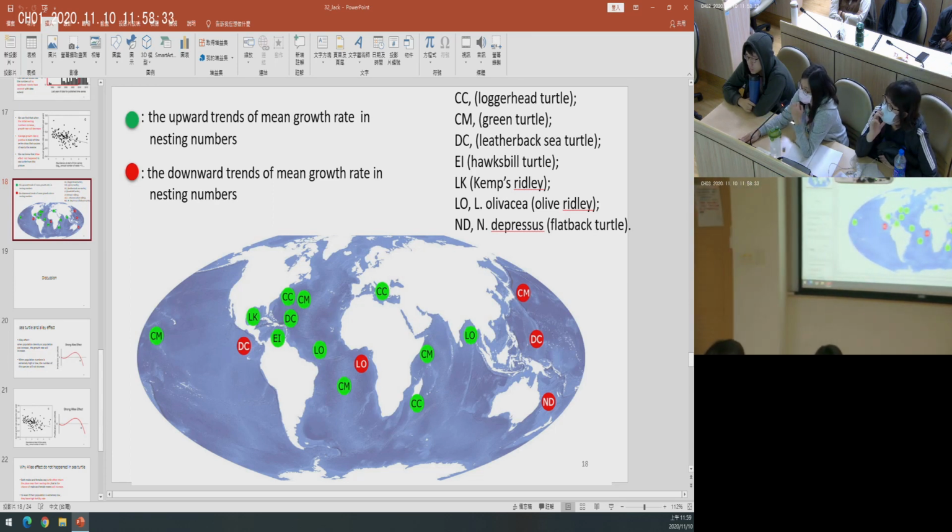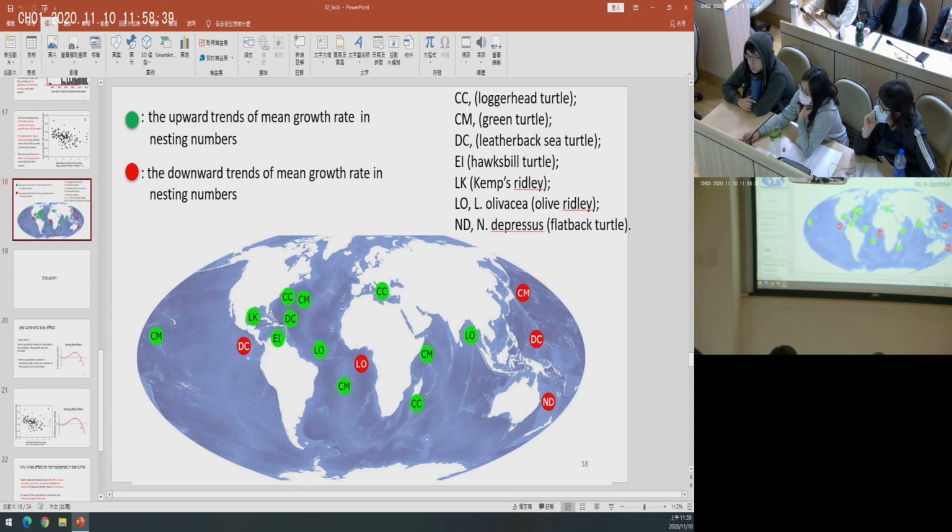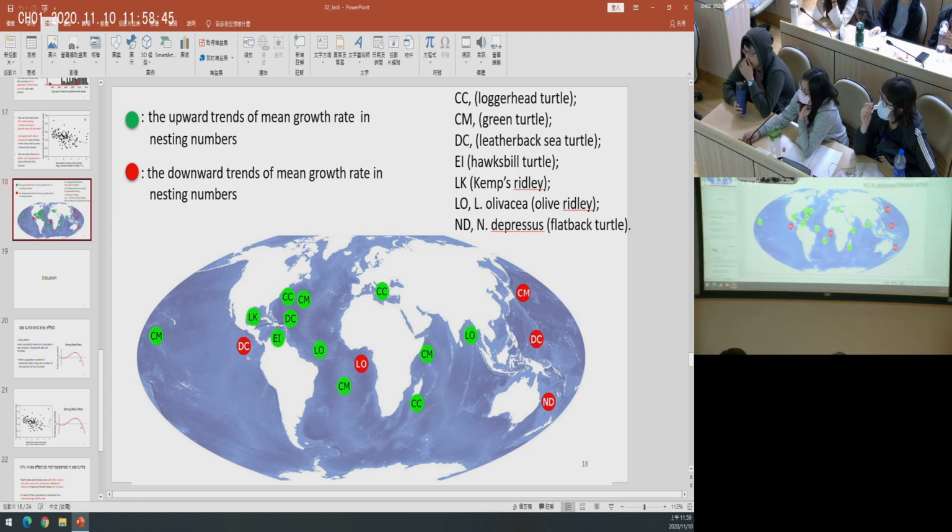The Allee effect is a part of some sea turtle, some places of sea turtle.